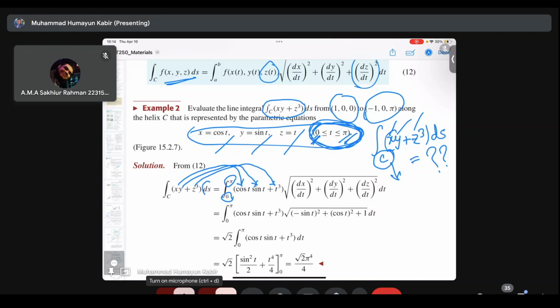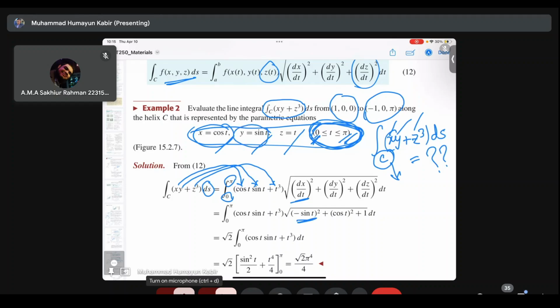And of course, you must find the value of ds. The formula that I have mentioned just now: ds equals the square root of (dx/dt) whole square plus (dy/dt) whole square plus (dz/dt) whole square, times dt. So what is dx/dt? You can find it from here. dx/dt is minus sin t.